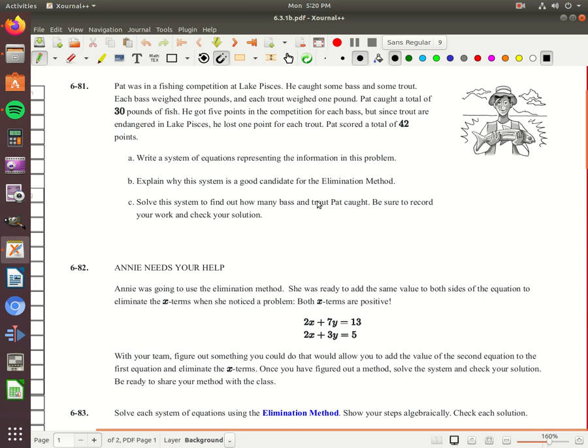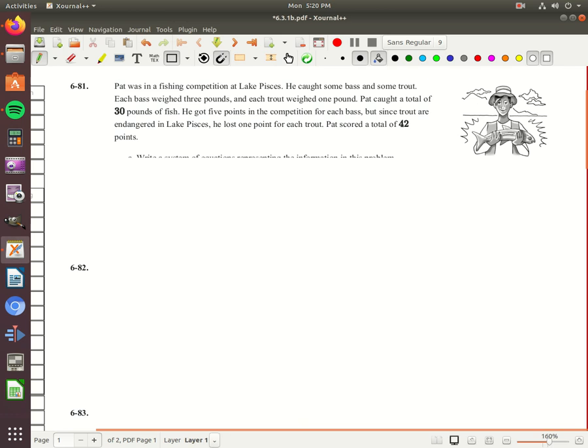So we're going to write a system of equations, and we're going to figure out how many bass and how many trout he caught. So I'm going to obviously focus on this so I can write my equations. So I want to know the number of bass and the number of trout. So B is the number of bass, and T is the number of trout.